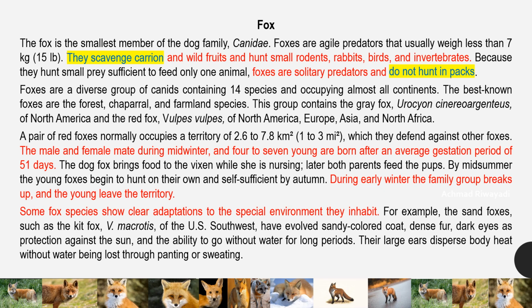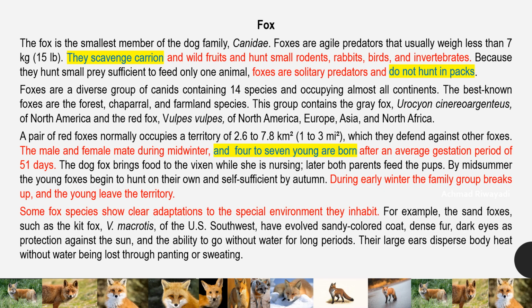Yang ketiga, the male and female mate during midwinter, and 4 to 7 young are born after an average gestation period of 51 days. Kata kuncinya adalah and 4 to 7 young are born. Sebanyak 4 sampai 7 bayi rubah dilahirkan setelah masa kehamilan rata-rata 51 hari.